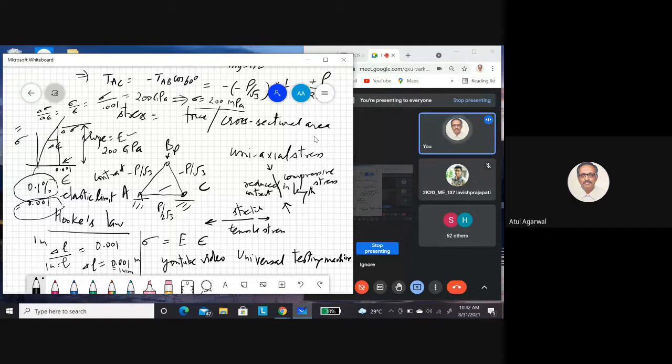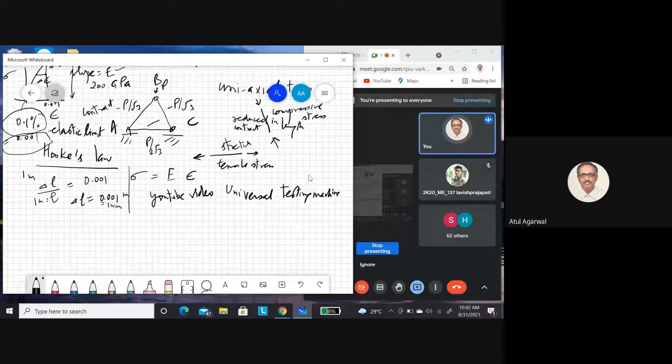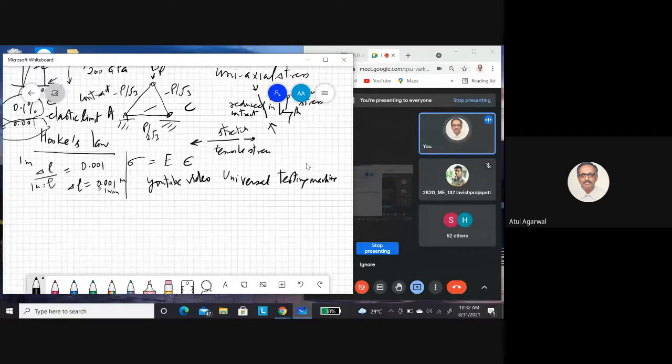You look at them. Okay, sir. They tell you how to draw a stress strain diagram. They will tell you that this is the way the stress strain diagram looks like for steel.